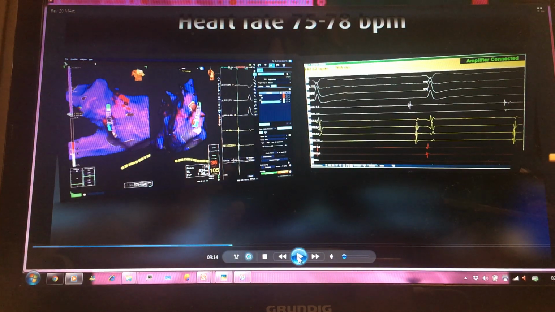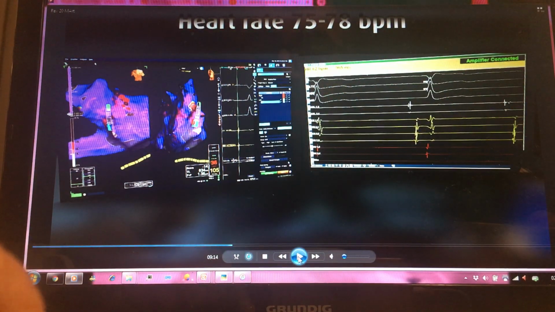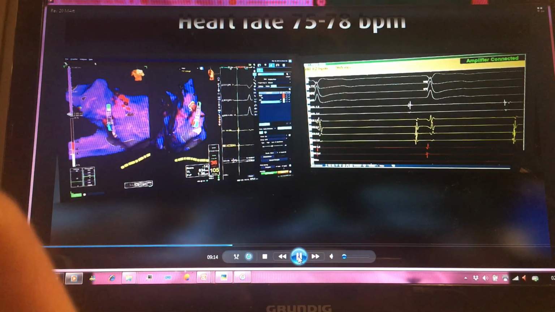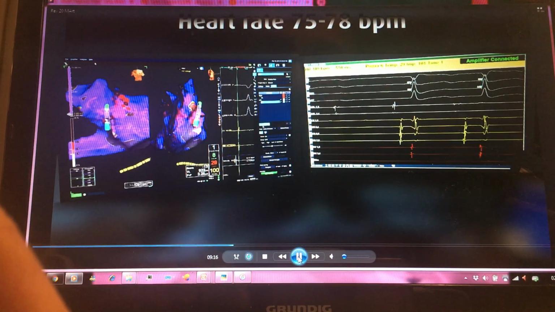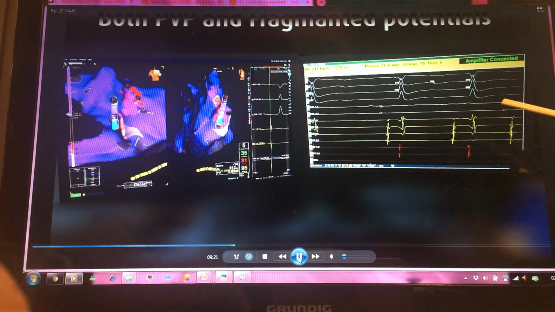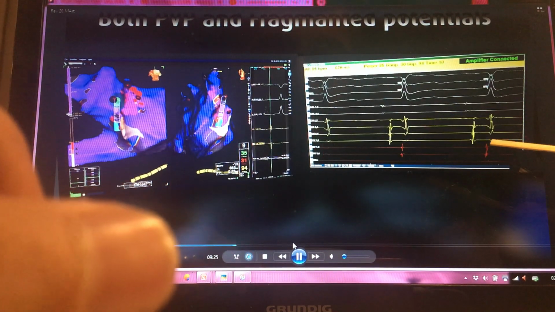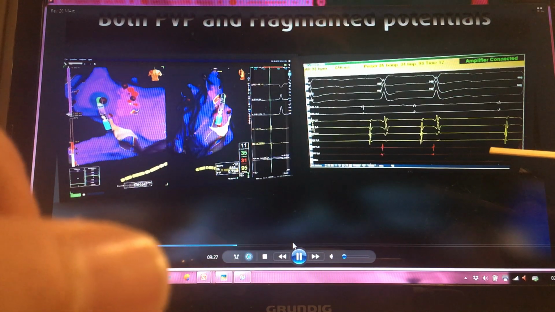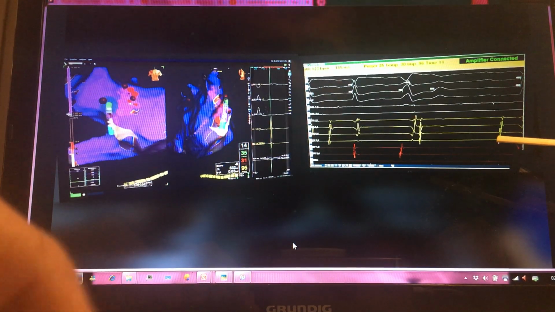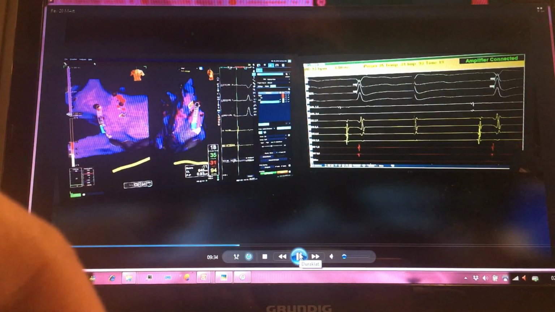So we will go a little bit closer to the ostium of the right superior pulmonary vein to check fragmented potentials because we couldn't achieve our target. You can see both fragmented potentials and pulmonary vein potentials at these sites. Heart rate was 75 BPM before ablation at that site.